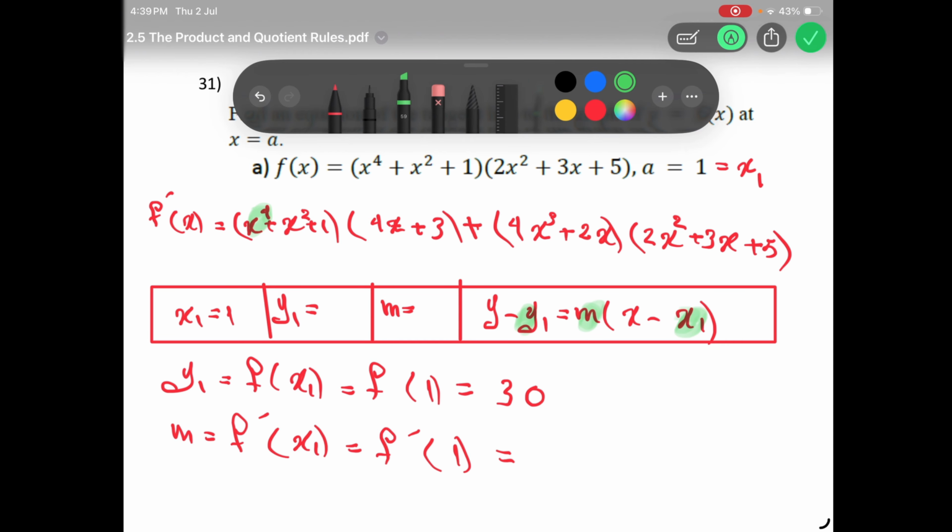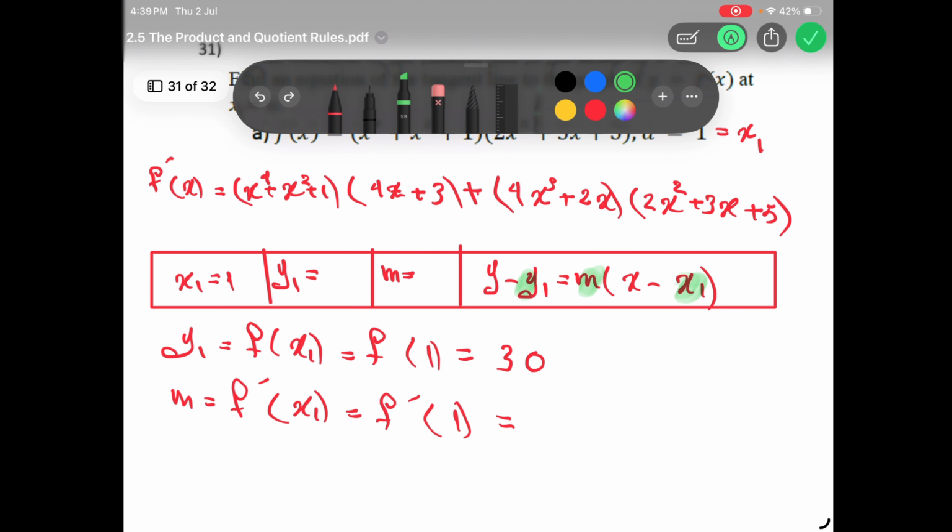We already found it earlier, so we will replace each x here by 1, and we will let the calculator do the business, and it will be 81. You can try this and double check. So we know the value of m, the slope is 81, where y1 is 30.